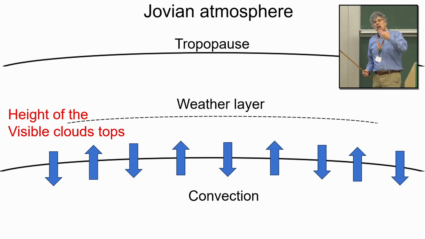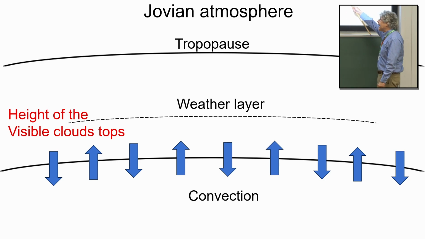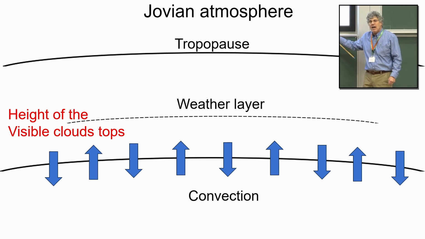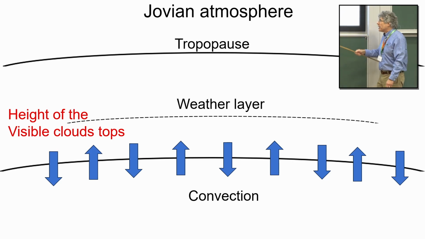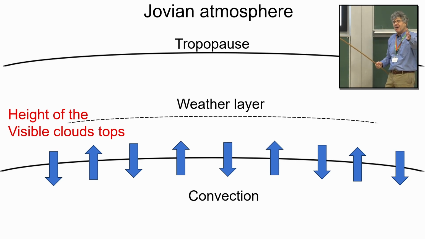And there are a lot of people out there, many in this university, starting with Michael McIntyre, who's very concerned that you cannot separate a quasi-geostrophic weather layer and do dynamics on it where you're forcing it at the bottom from a convective zone. That's kind of a cheat. You're taking your fluid dynamics and arbitrarily dividing it into two regimes where for one you've got the equations and for the other you don't.